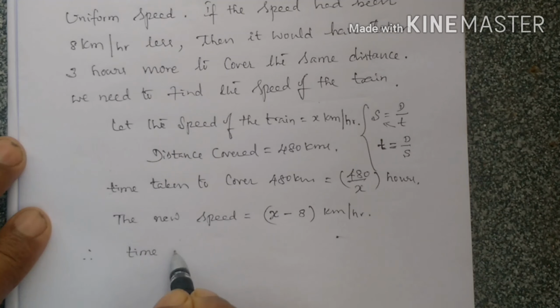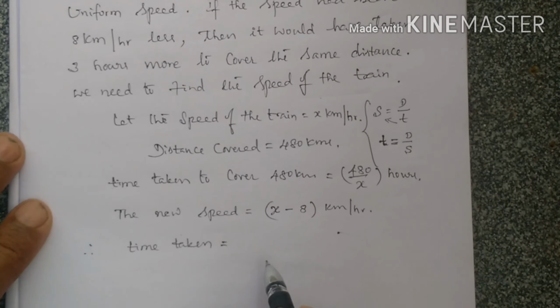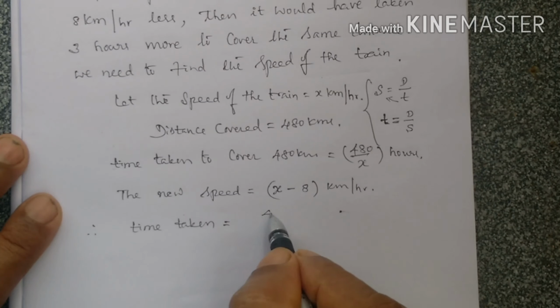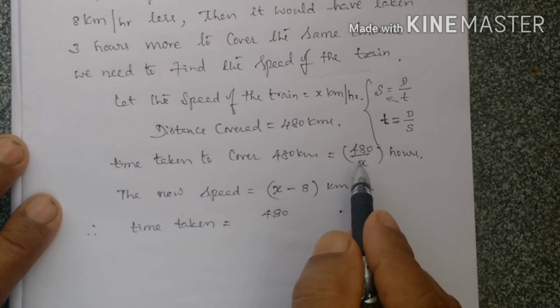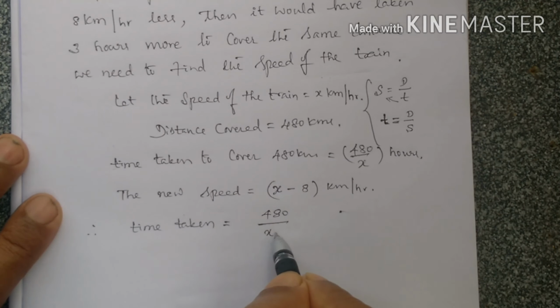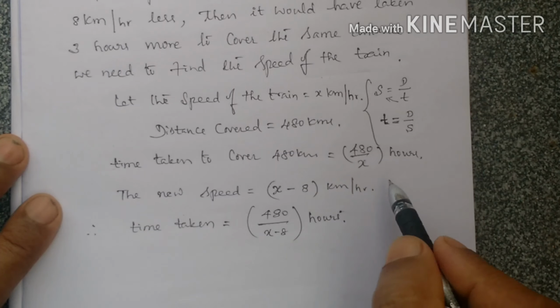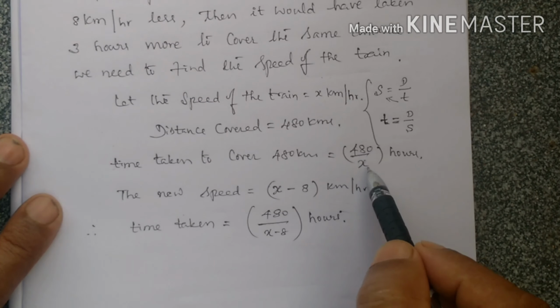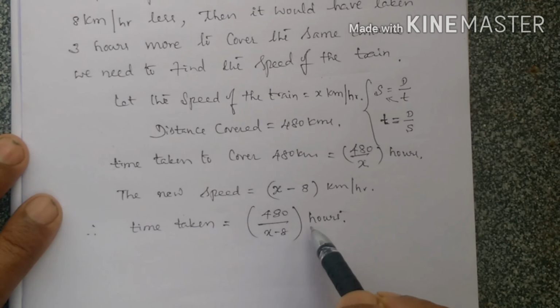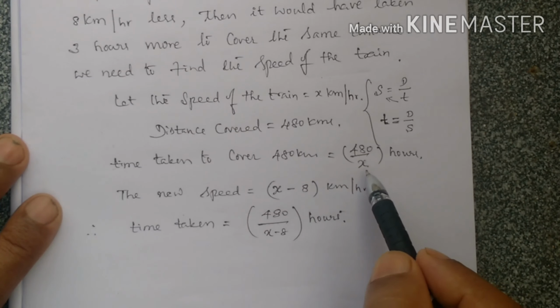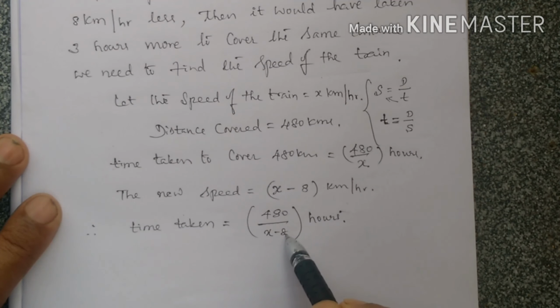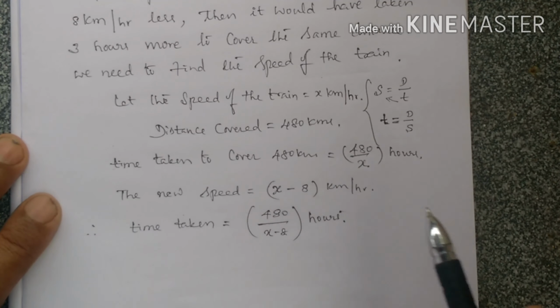Time taken is equal to, once again distance doesn't change, that remains 480 only, divided by x minus 8, the new speed. This is hours once again. So both are in hours, don't make any confusion. 480 by x hours, 480 by x minus 8 hours. So this is with the original speed, this is with the decreased speed. So definitely the time will increase.